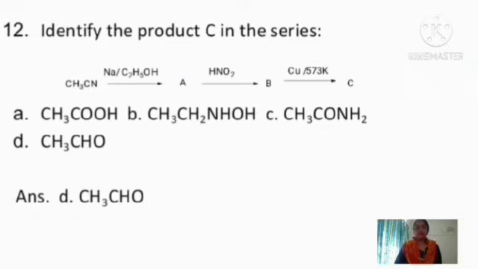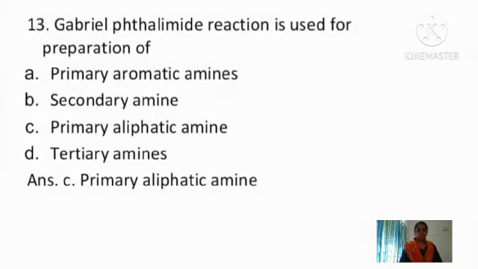When a primary amine undergoes reaction with nitrous acid, it results in the formation of an alcohol, that is CH3CH2OH. Then on treatment with copper at 573 Kelvin, it mainly undergoes dehydrogenation, that is 2 hydrogen will be eliminated and it results in the formation of an aldehyde. So the compound will be CH3CHO. So option will be D.